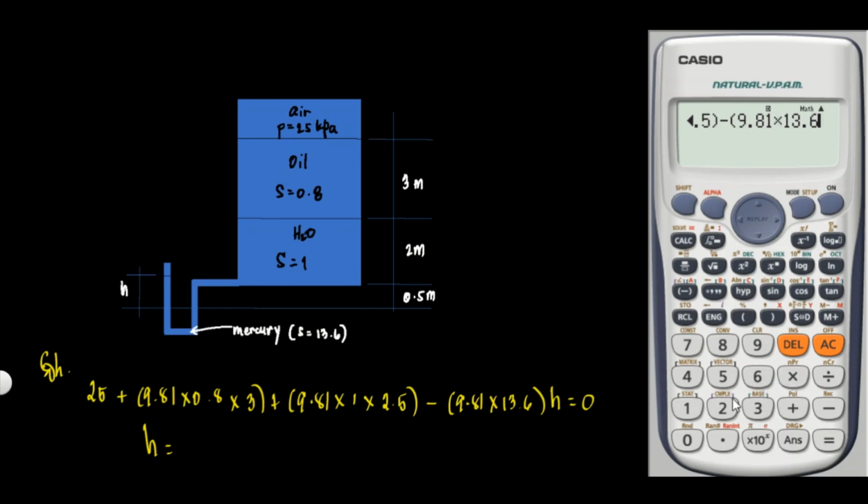Let's put the unknown x, equate to 0, then shift solve. The answer is 0.54708. So this is the answer. Very easy.